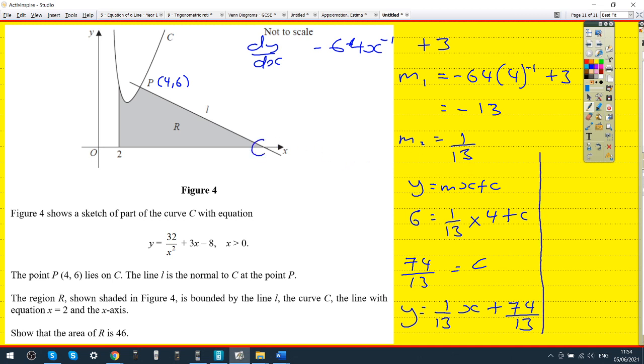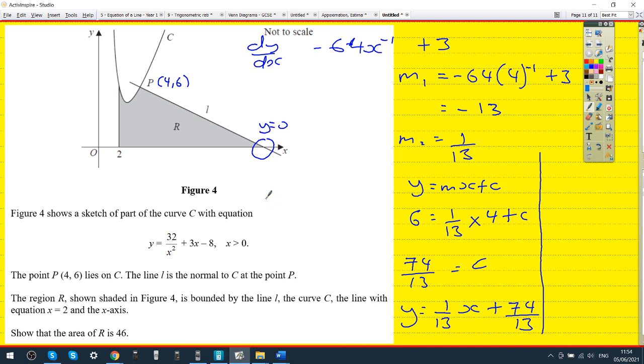How do you get this point there? It intersects with the x-axis. Meaning y is 0. So you can make y 0 in the equation.